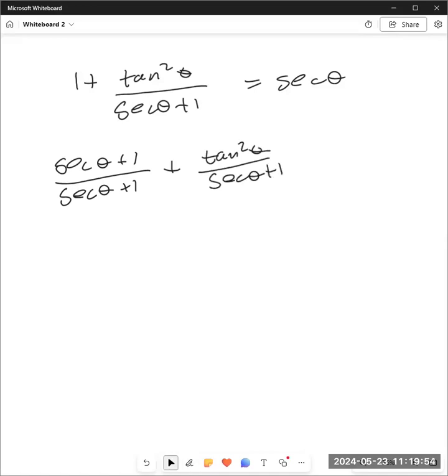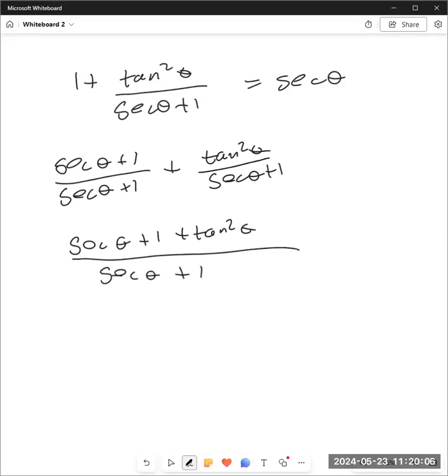I'm not going to justify each step because they're basically the same things. This is secant theta plus 1 plus tangent squared theta over secant theta plus 1. And right there is my Pythagorean identity. So that's secant theta plus secant squared theta over secant theta plus 1.